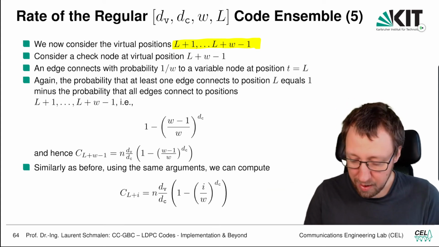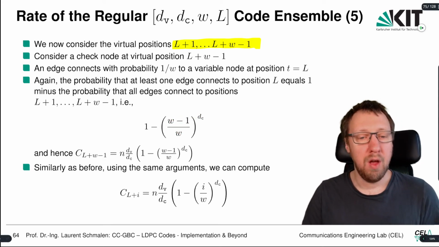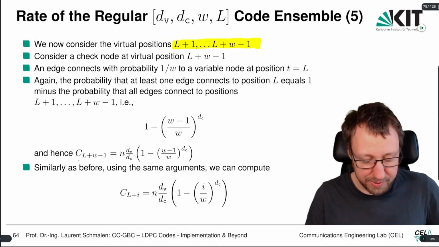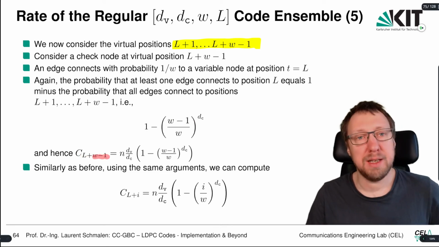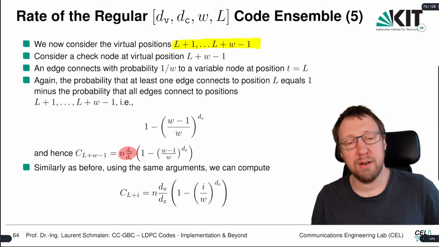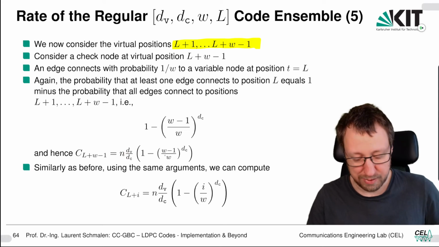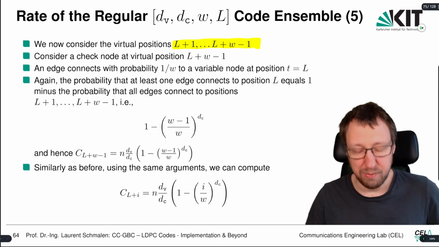So it's 1 minus (W minus 1 over W) to the power dc. So C of L plus W minus 1 is, again, the number of total check nodes times the probability that the check node persists. So it's 1 minus (W minus 1 over W) to the power dc.